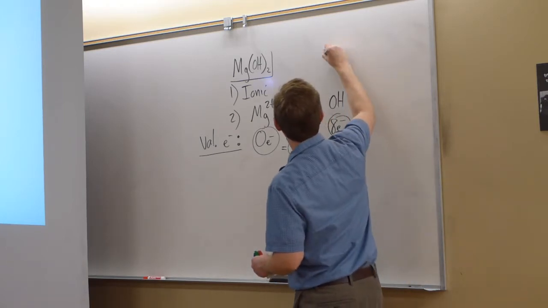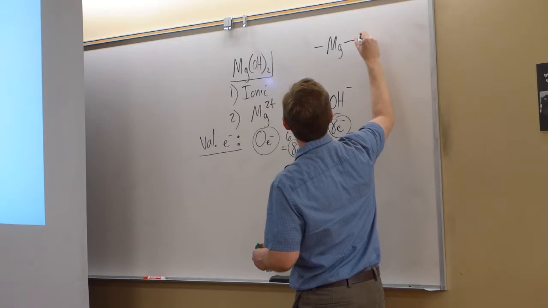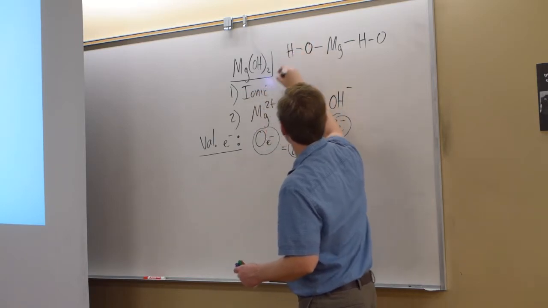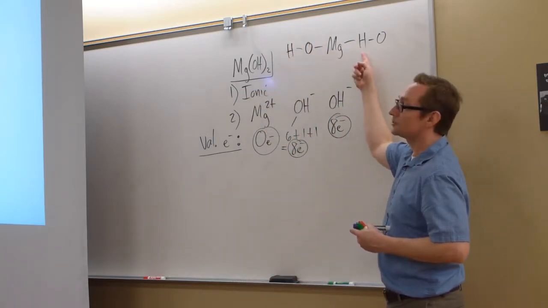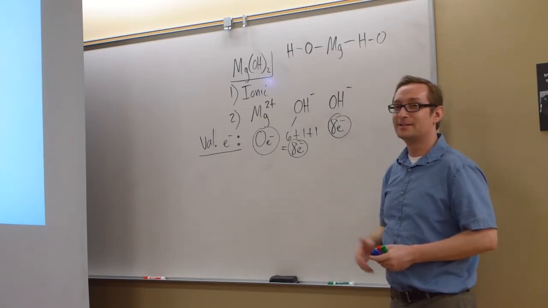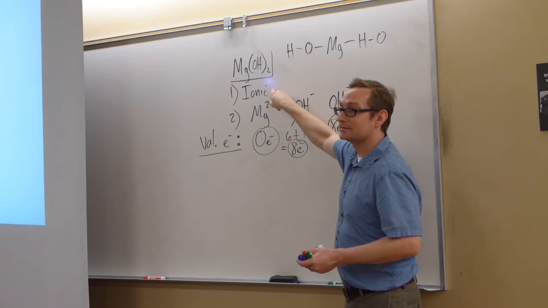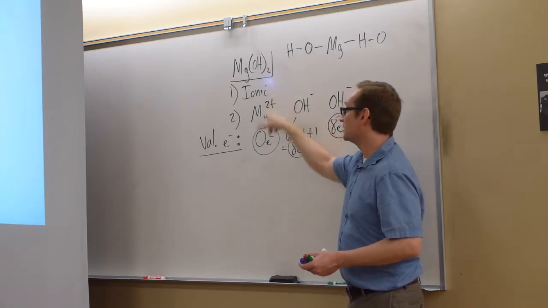You would say, oh yeah, I got magnesium, and it's covalently bonded to hydroxide. I'll see stuff like this all the time. How does hydrogen make 2 bonds? I don't know. Right, but I'll see this because again, they never were taught this. Okay, if you understand what ionic means, it means you break them up.